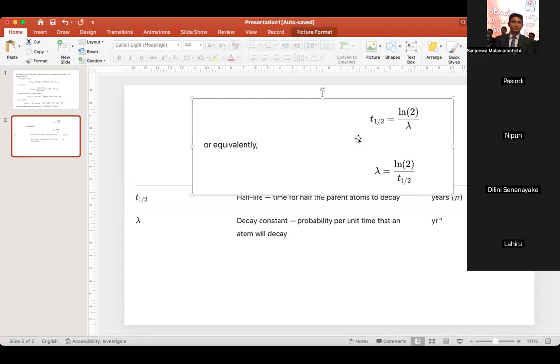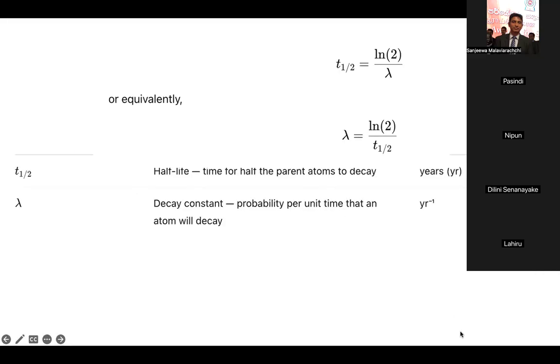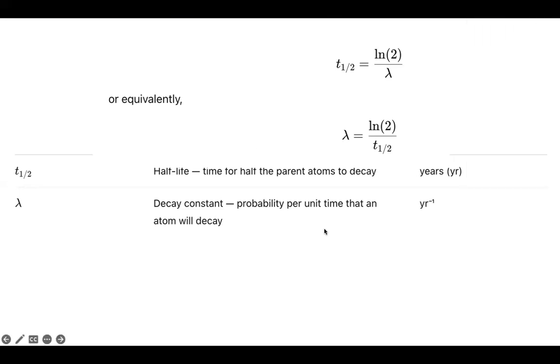Here you see the relationship between the half life and the decay constant.